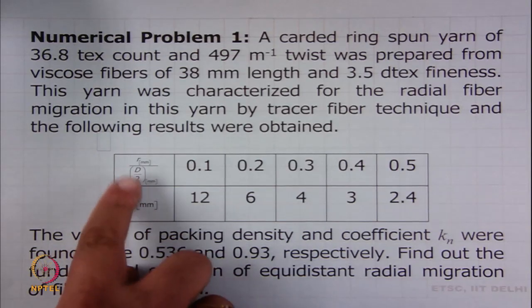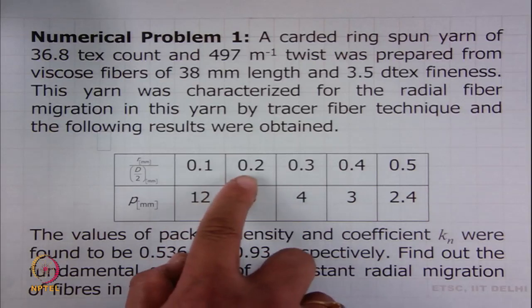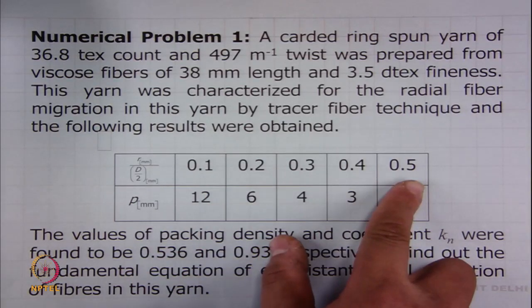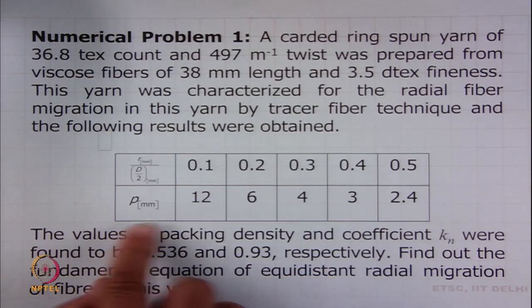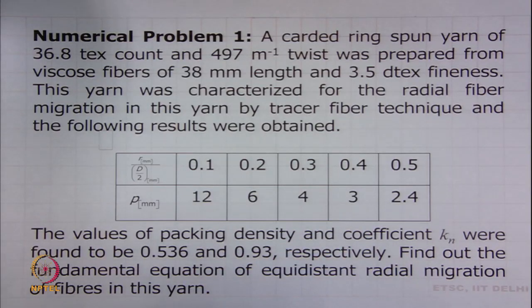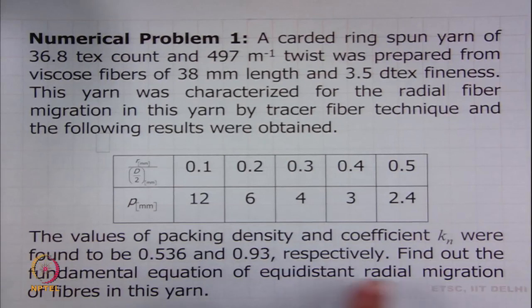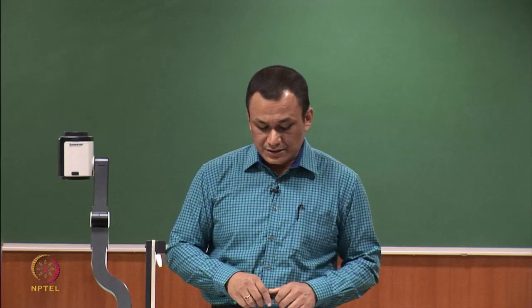For different values of R by half of yarn diameter, 0.1, 0.2, 0.3, 0.4, 0.5, we measured different values of period of migration in millimeter: 12, 6, 4, 3, 2.4. The values of packing density and coefficient Kn were found to be 0.536 and 0.93 respectively. Find out the fundamental equation of equidistant radial migration of fibers in this yarn.